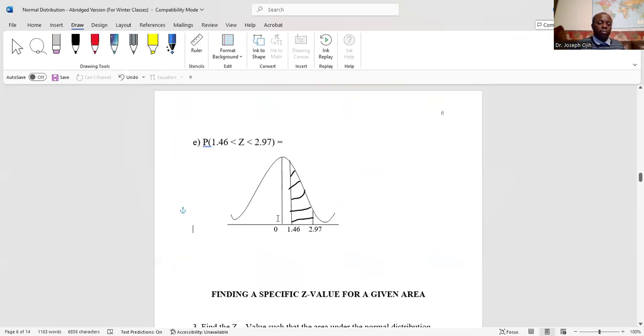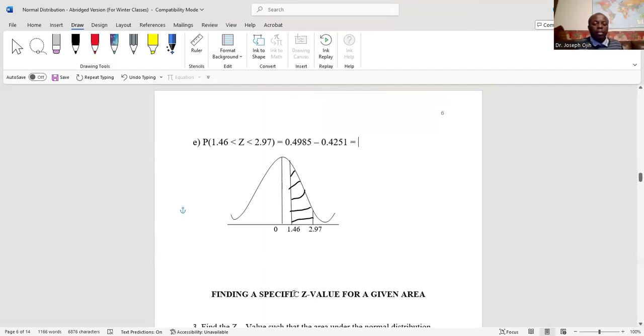The first one we get is 0.4985. This is what we found on the table for 2.97. And for 1.46, we found 0.4251. So let's subtract them and get the final answer for that.